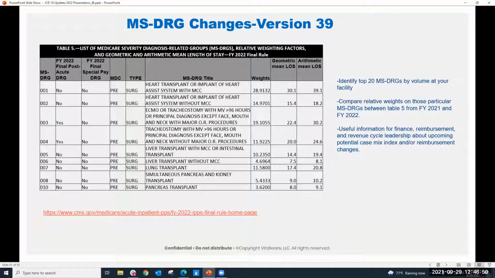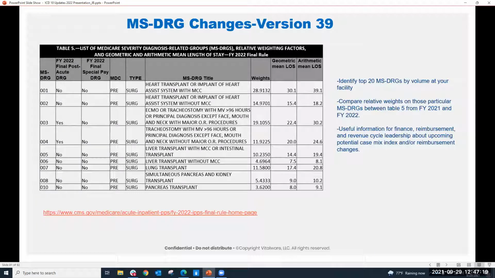So this is a table that comes from CMS, and I have the link here if you'd like to go find it. This is a really good exercise to see how case mix index and reimbursement may be affected for your facility in the upcoming year. So all you have to do is take your top 20 MS-DRGs by volume at your facility, and then you compare this chart from last year to the upcoming year.